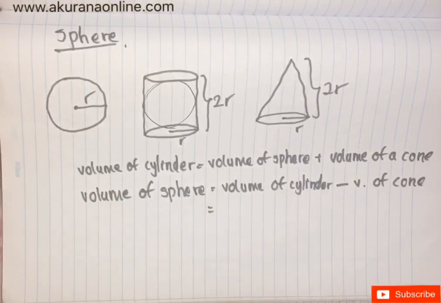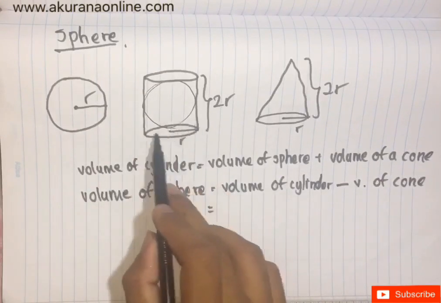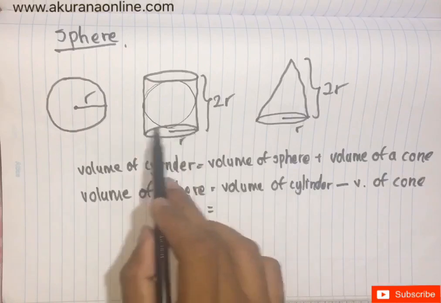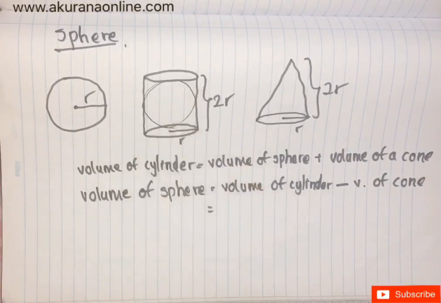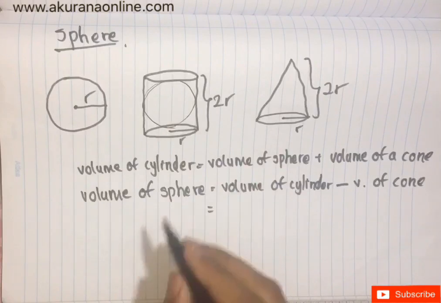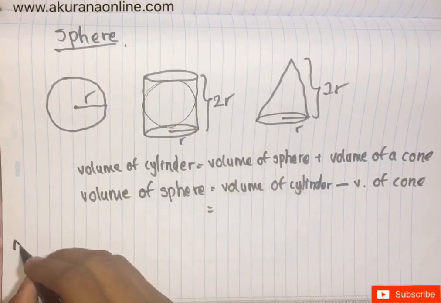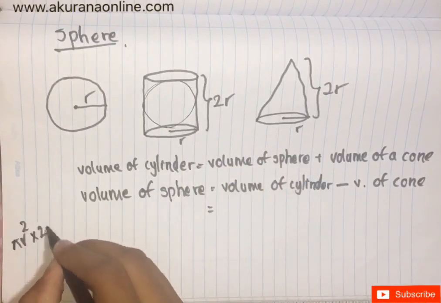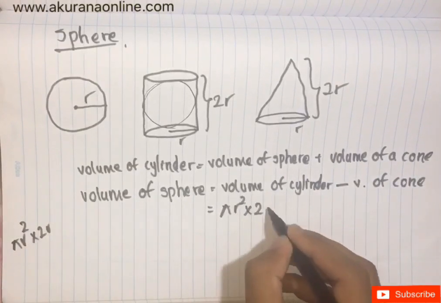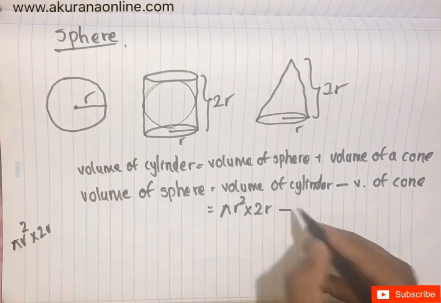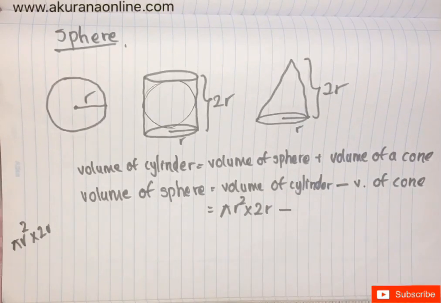Okay. Now what is the equation for the volume of a cylinder? That is the area of the cross section, the bottom part, pi r squared, multiplied by the height, that is multiplied by 2r. So pi r squared multiplied by 2r, and from that you have to subtract the volume of a cone.